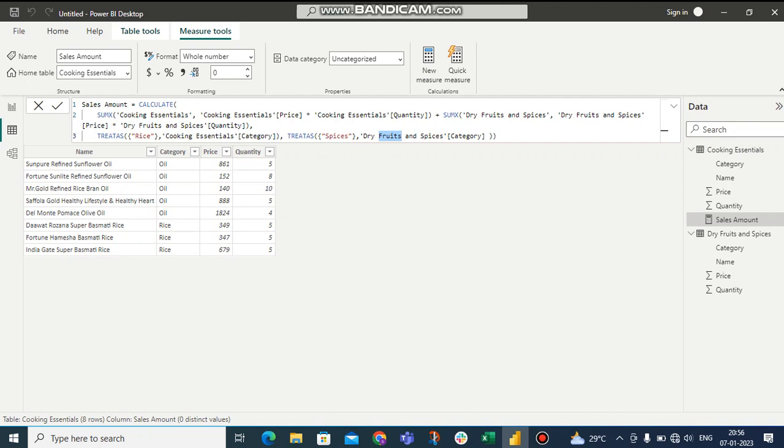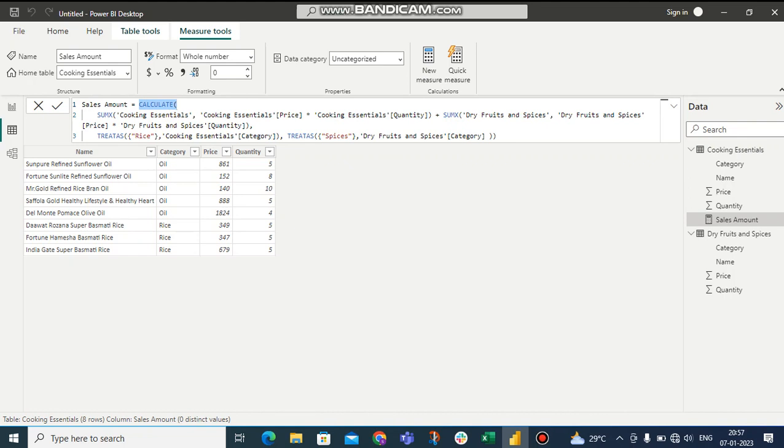First of all I am getting the total amount of the two different tables, then I am filtering values with the TREATAS function. From the first table category-wise I want rice, from the second table I want category-wise spices. Then the total calculation is going on.